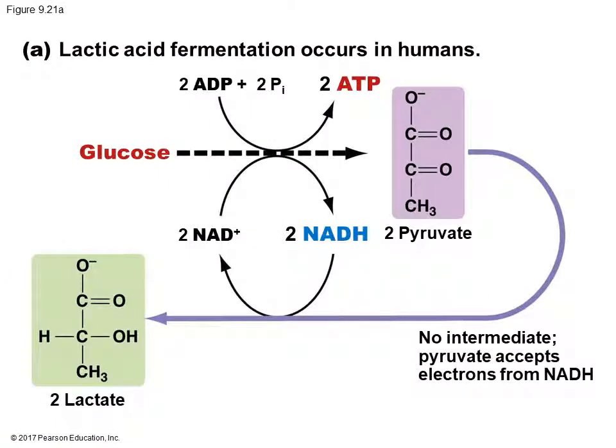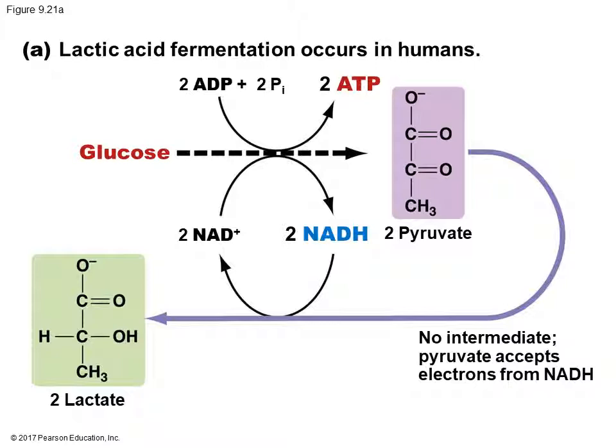In this example here, in figure 9.21a, we see that glucose is broken down in glycolysis to 2 pyruvates. When those bonds are broken, the electrons are picked up by NAD and it becomes reduced to NADH. But what happens is that 2 ATP are also made.